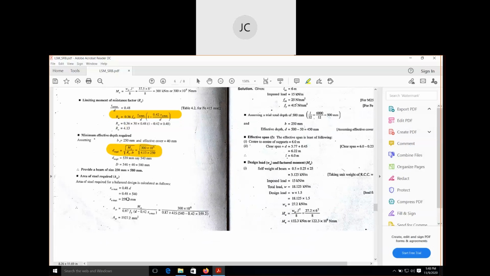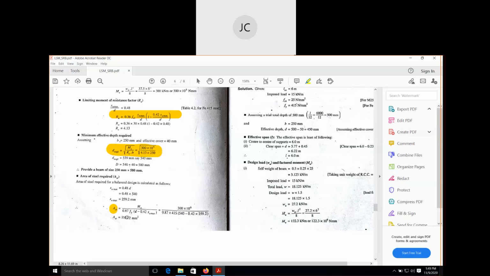Then we will calculate the area of steel by this equation. The actual equation was Mu equal to 0.87 Fy Ast into d minus 0.42 Xu. From this equation we find the area of steel, Ast.